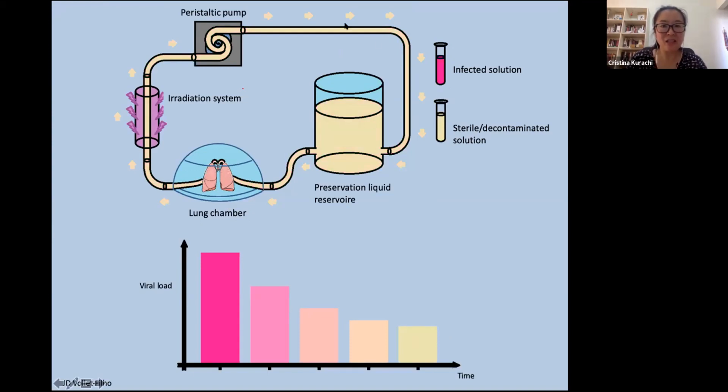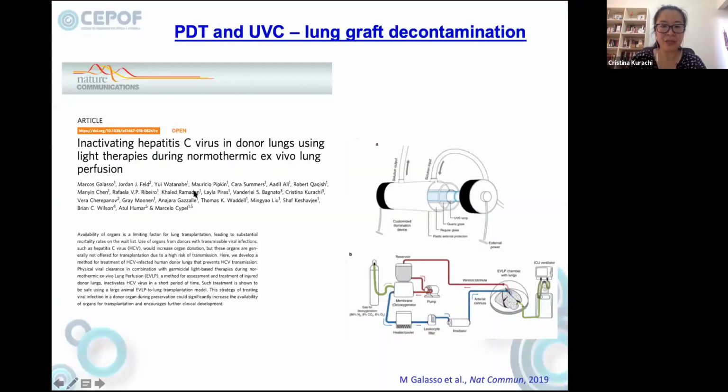As this is going in a loop inside the lung, if it is infected, it's going to go back to the lung. But if we inactivate the virus here, we are going to decrease the total amount of the viral load in the preservation liquid, but also in the lung.